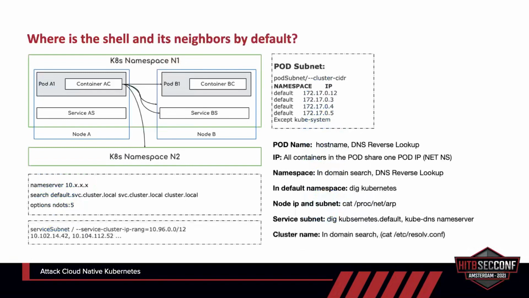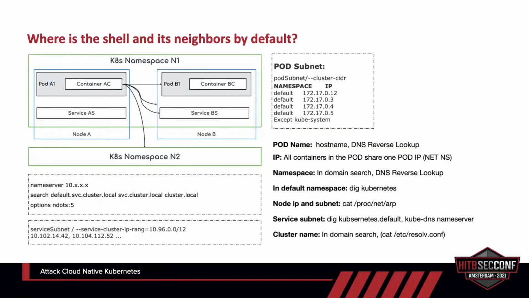As mentioned above, we can easily obtain the namespace information of the current pod in the DNS configuration. Similarly, when we obtain a service IP or pod IP, we can also easily use DNS reverse lookup to obtain the corresponding pod name, service name, and namespace name.